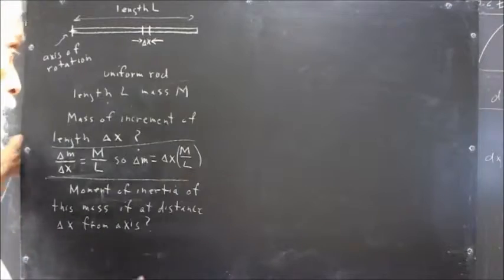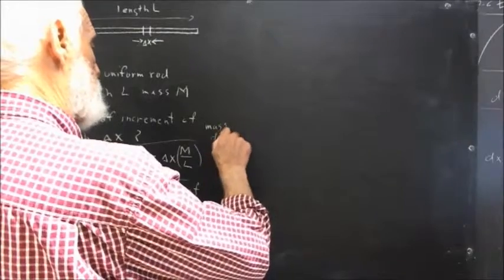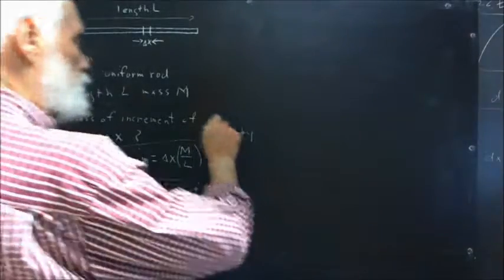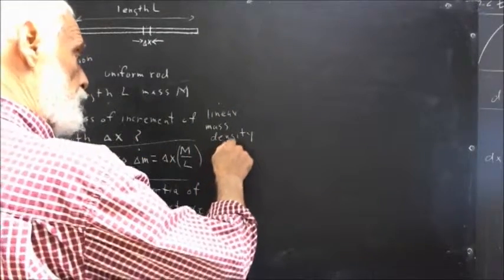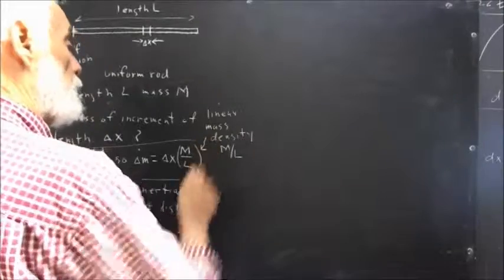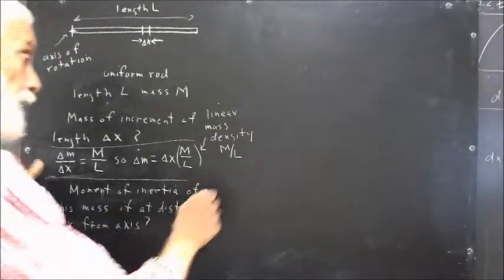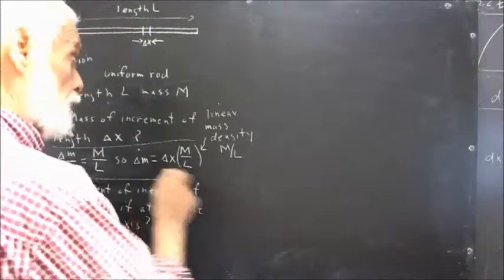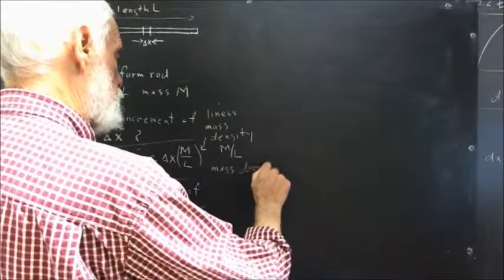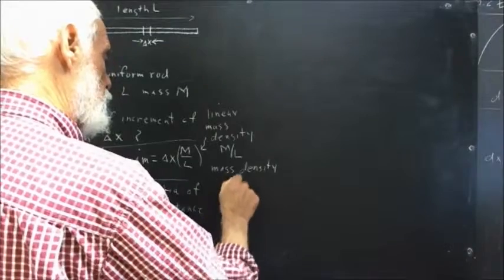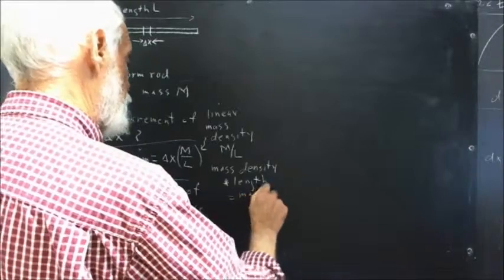So another way to see this is the mass density, I should say a linear mass density, is m over L, and the mass density times a length equals the mass in that length.